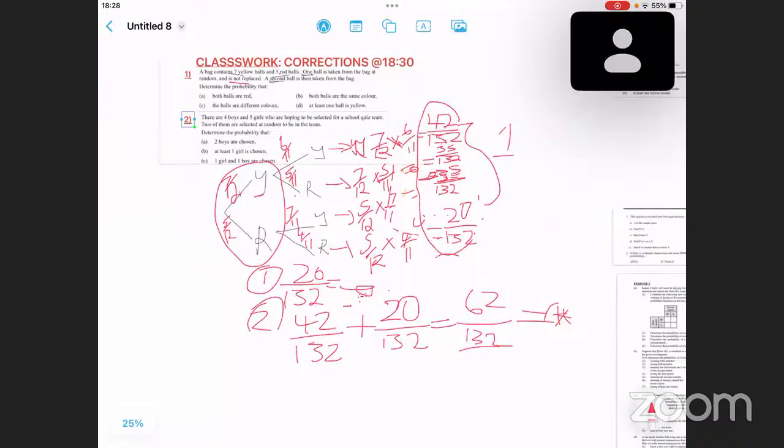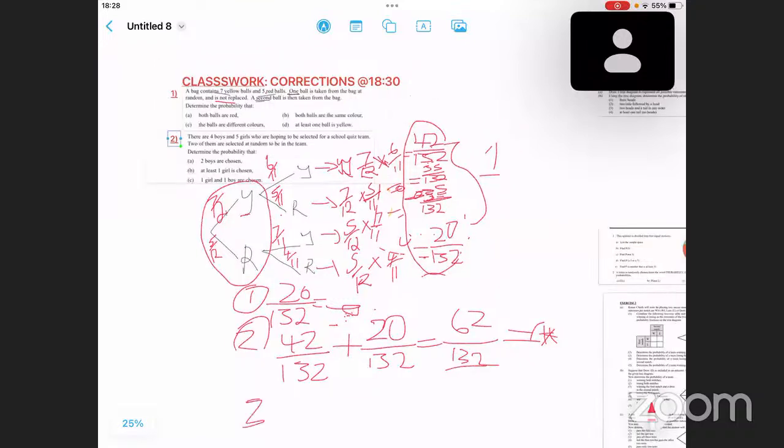Now we're going to do number 3, which is C. They say determine the probability that the balls are different colors. What are we going to do here? How are we going to answer this question? The balls are different colors.